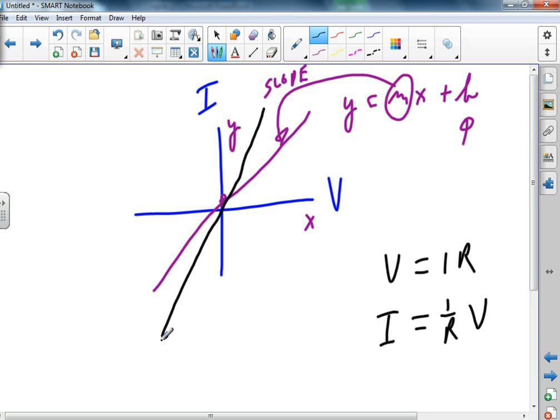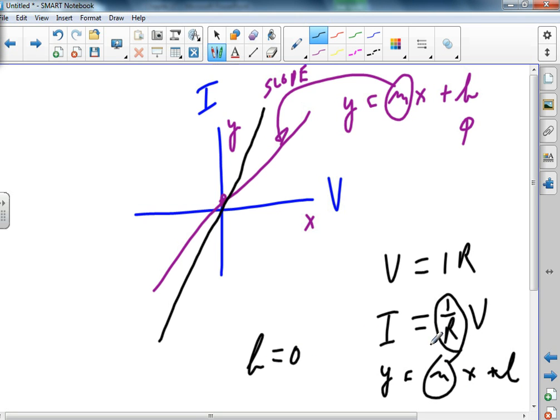That looks like this. And I destroyed the 10-minute break. 30 seconds. Anyway, so now I look at that and I say, well, this is similar to y is equal to mx plus b as I have it drawn, where b, my y-intercept, is 0, and m being the slope. So that means 1 over R is the slope.